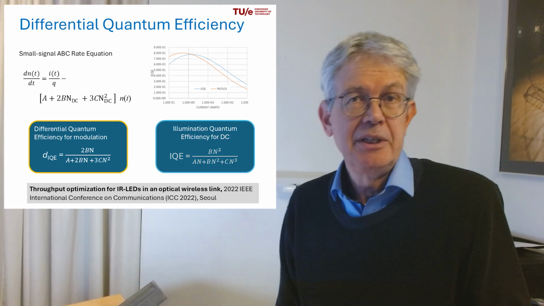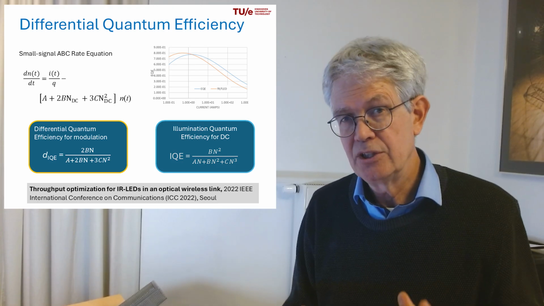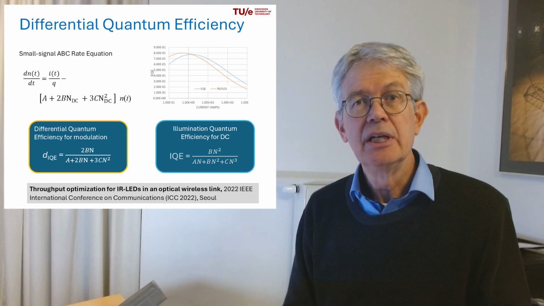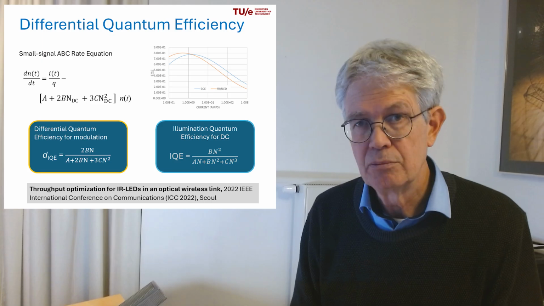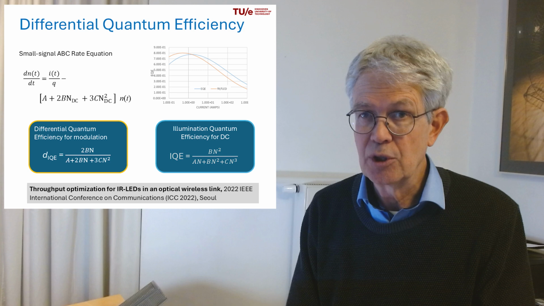Let's do that. So then the change of n, the change of number of electrons caused by the current, dn/dt, is proportional to the current divided by q, minus everything that comes in as recombination.